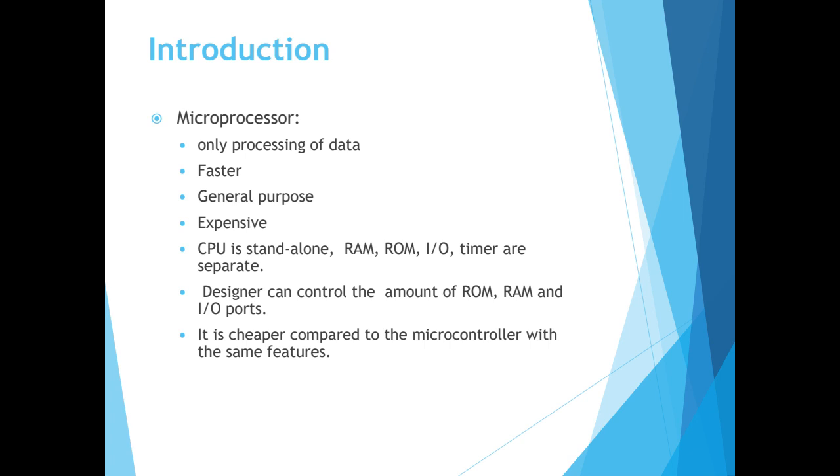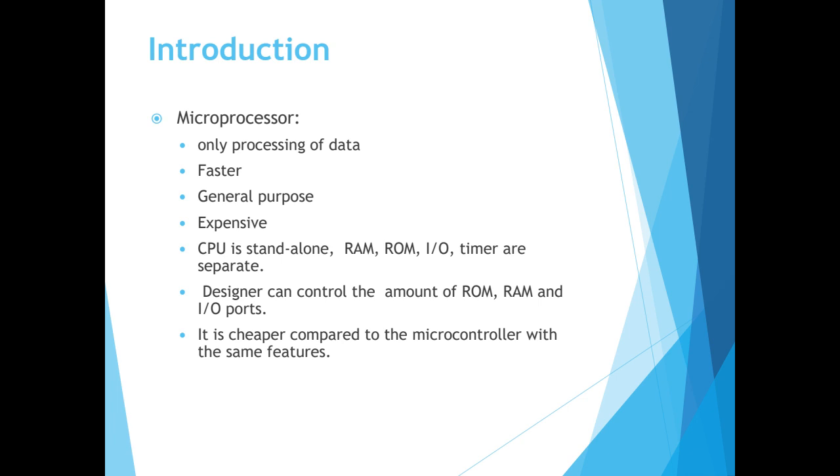But when we are trying to compare microprocessor and microcontroller, it's better to compare them with the same features. So a CPU is standalone. We have RAM, input, output, and timer, which are separated from our microprocessor.